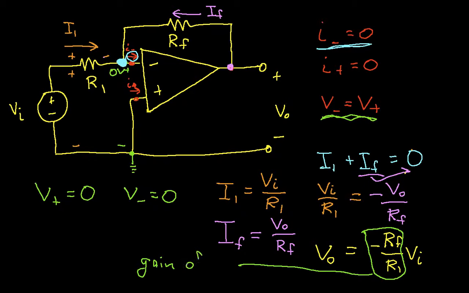It tells us how much V in is increased to get V out. And in this case, the fact that the gain is negative means that V out will have an opposite sign to V in, and it'll be multiplied by RF over R1.